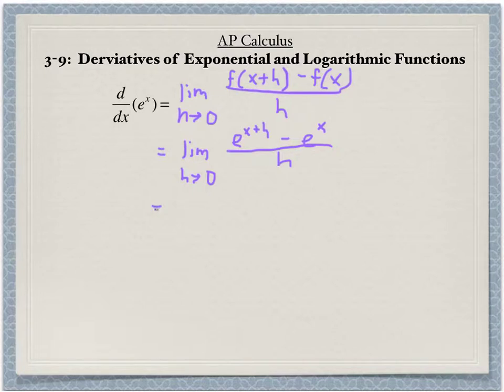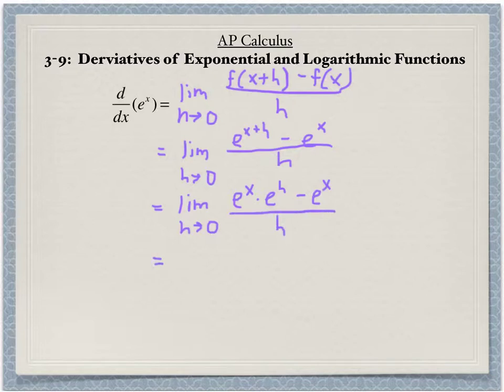Now, something you may or may not remember from your algebra days: when you have an exponent that is added, like e to the x plus h, you can actually write it as e to the x times e to the h. And then I still have my minus e to the x over h.